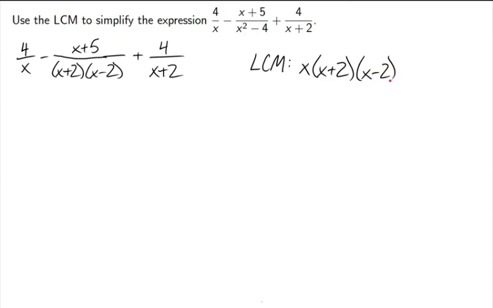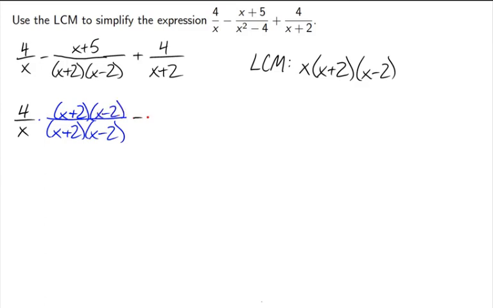So what I'm going to do here is I need to get every term to have this as their denominator. I'm going to multiply in anything that is not part of the denominator currently. So 4 over x, that needs the x plus 2, x minus 2. And what I do to the bottom, I also have to do to the top. Alright.